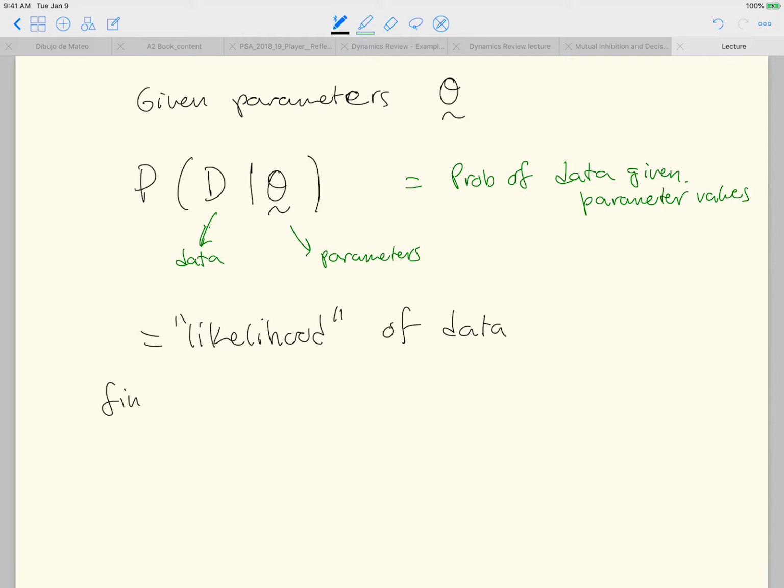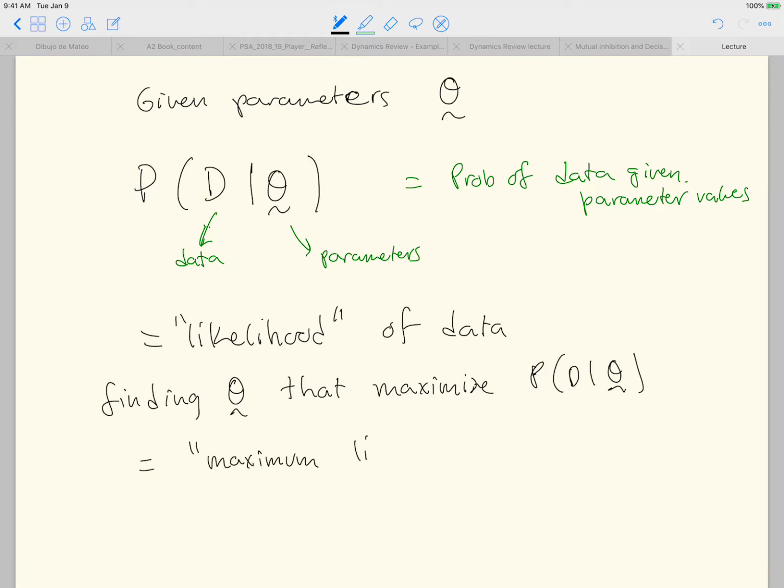And finding the parameters that maximize the likelihood is called the maximum likelihood procedure. And it feels like an intuitive thing to do.